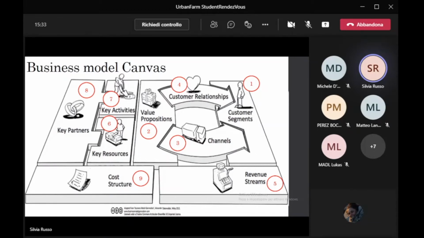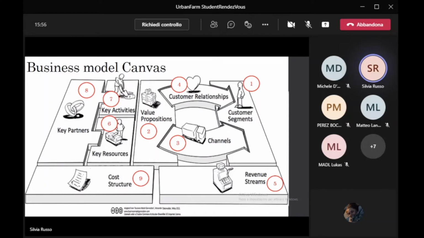The left one, key resources, key activities, key partner, and cost structure, represents the organization of the company. Now we analyze each building block in more detail, following the order suggested by the authors.